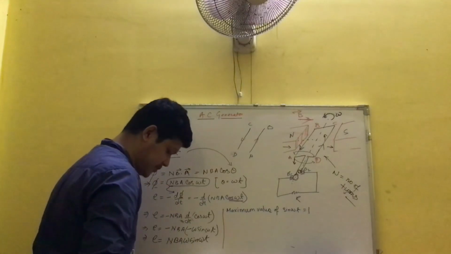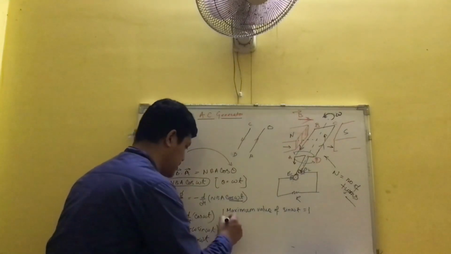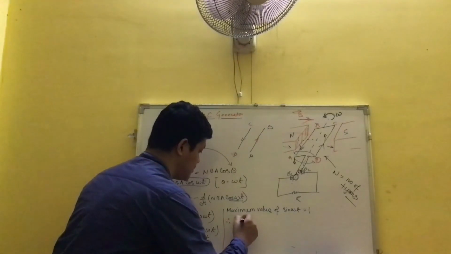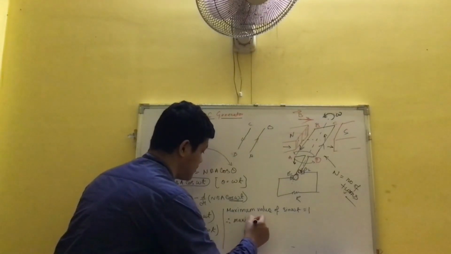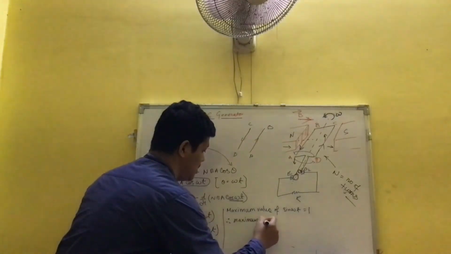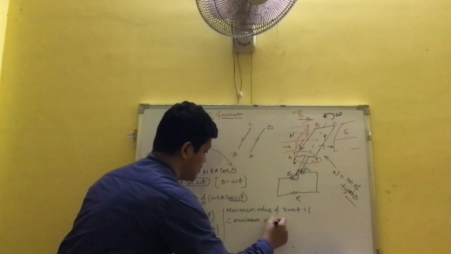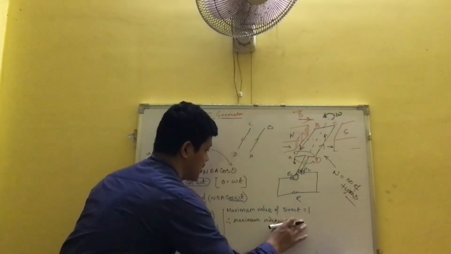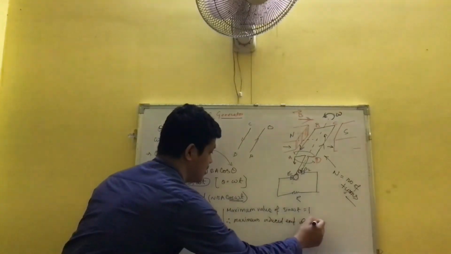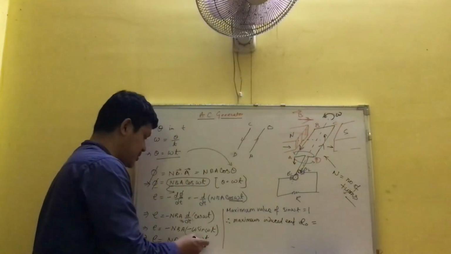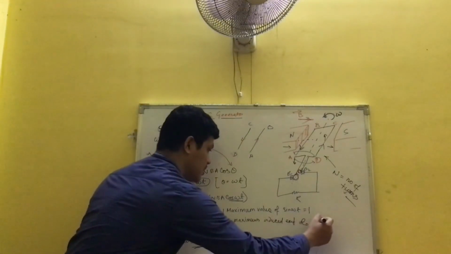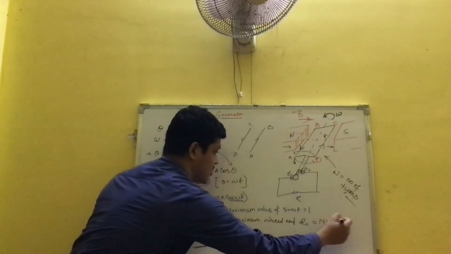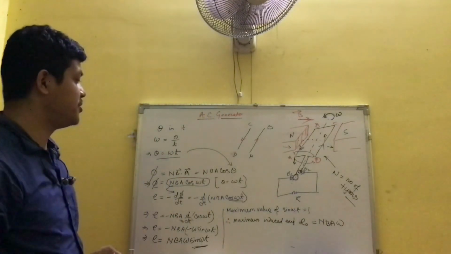Therefore the maximum induced EMF, let us consider the symbol as E naught. If sin omega t is equal to 1, then E naught is N B A omega. So this is the maximum induced EMF.